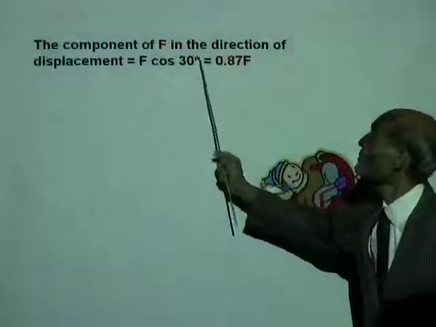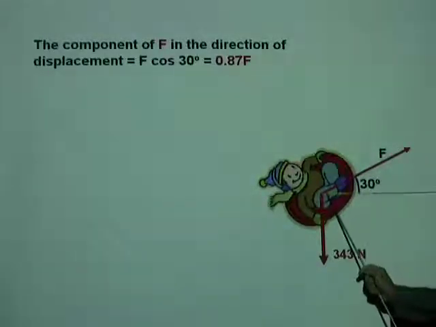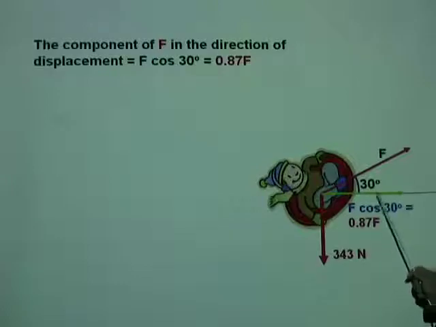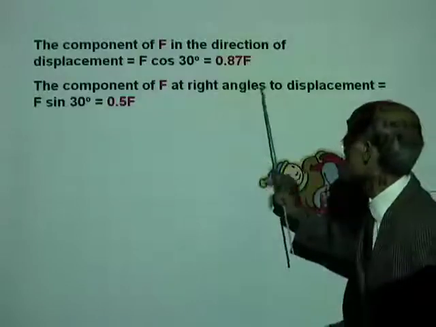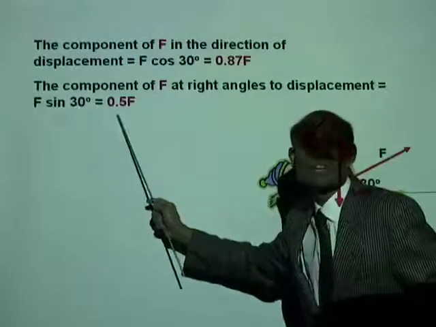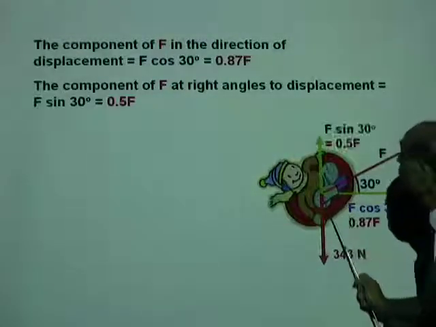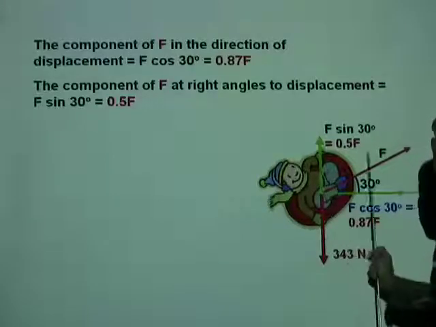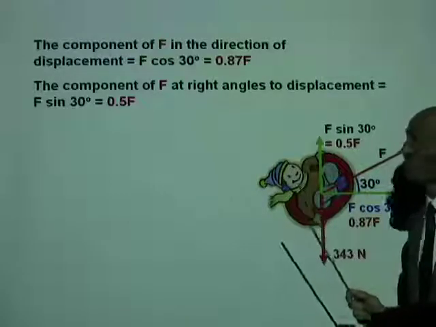Now, using the value of cos 30 degrees, that will be 0.87 F. That is the force that is actually acting in the direction of displacement. And the component of F at right angles to the displacement is F sin 30 degrees, that is 0.5 F. This is the normal component or the vertical component of this force.